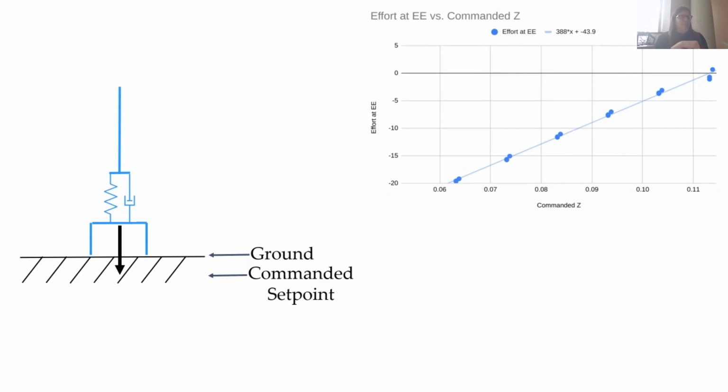We did some back of the envelope measurements and calculations, and if you take a certain stiffness and you plot the offset in Z versus the force commanded, Hooke's law comes out nearly directly, which is, I guess, a credit to the engineering of this robot. So the nice thing about this is if we heuristically pick a stiffness and I say, I want to exert this much force, then I can directly, through a linear relationship, say, this is the offset in Z that you should command in order to exert that force.